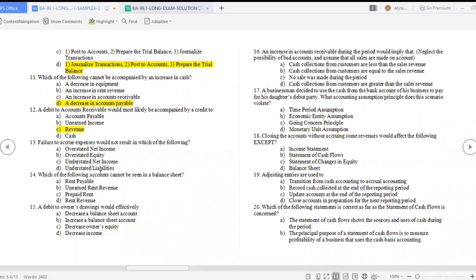In your net income, you understate the expenses, so you overstate the net income. So letter A is not the correct answer. Once you overstate the net income, you also overstate the equity, since the net income goes into equity. So the correct answer is letter C.